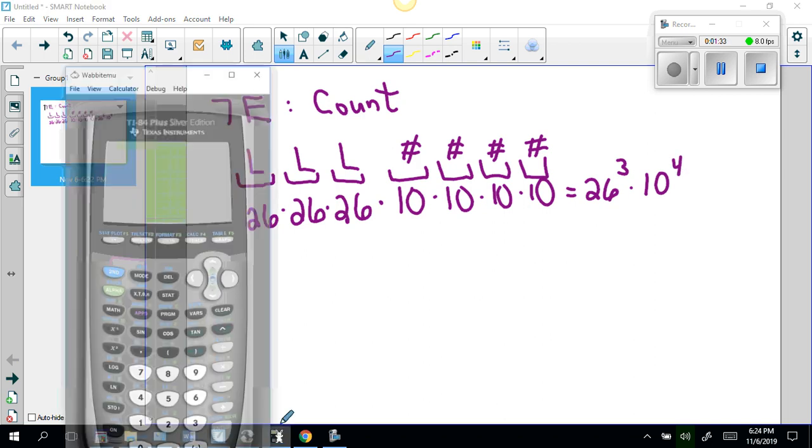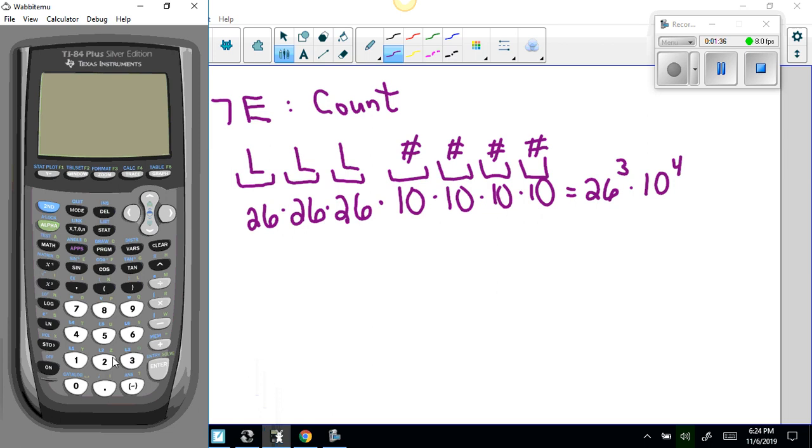And get out my handy dandy calculator. 26 raised to the third times 10 raised to the fourth.